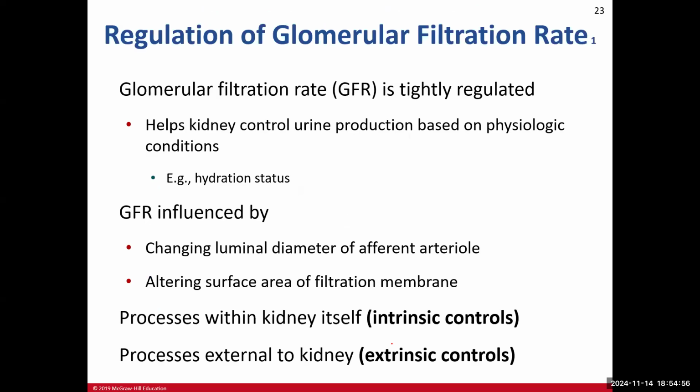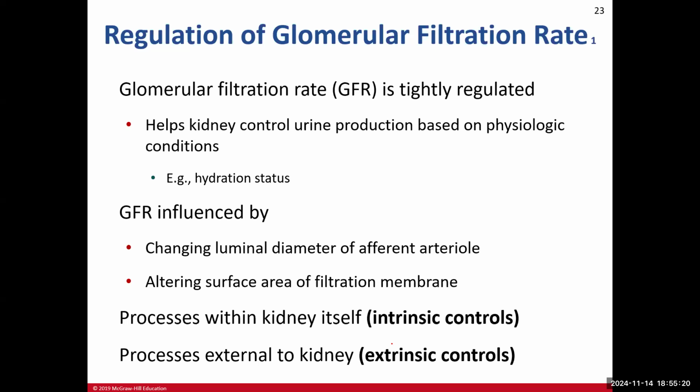Right, so look at that top statement there. GFR is tightly regulated. No matter what's going on in your body, your blood pressure could be fluctuating to 180 over 120, or it could swing down to 70 over 50.